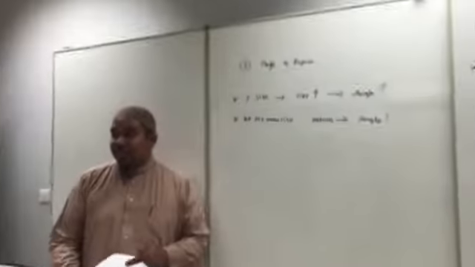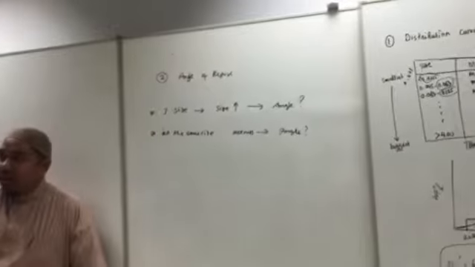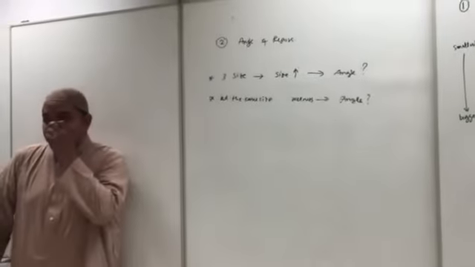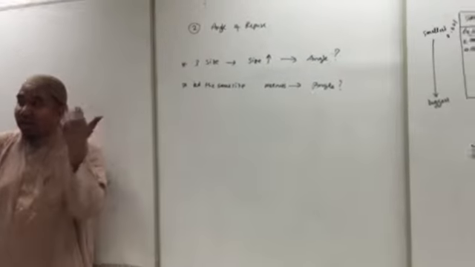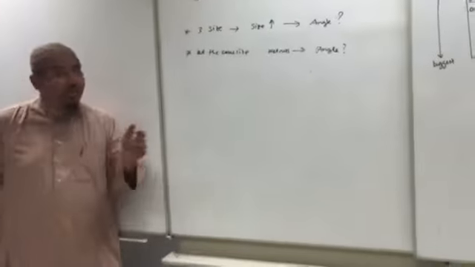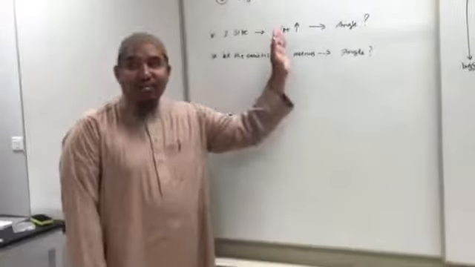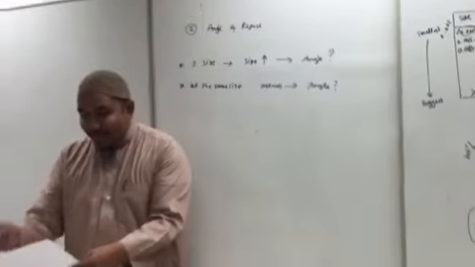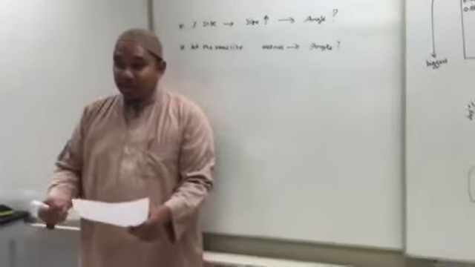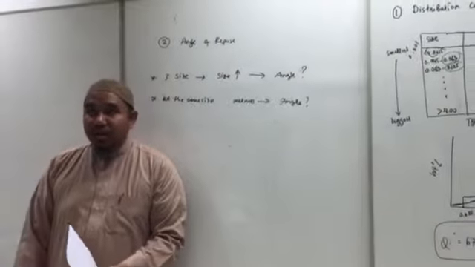Just in the discussion part, when you discuss something, please relate the result with the theory. Not just mention when the size increases, the angle decreases. Everybody knows that by reading this. But why is it like that?